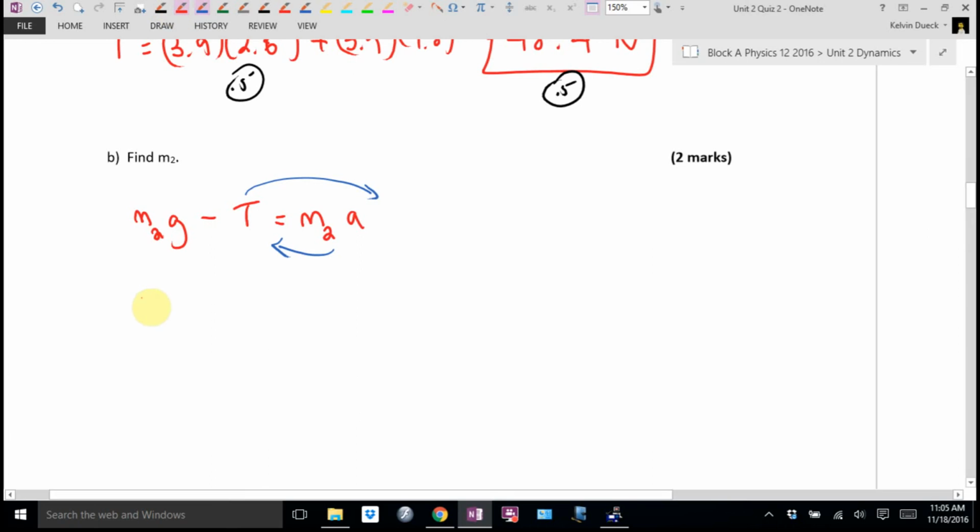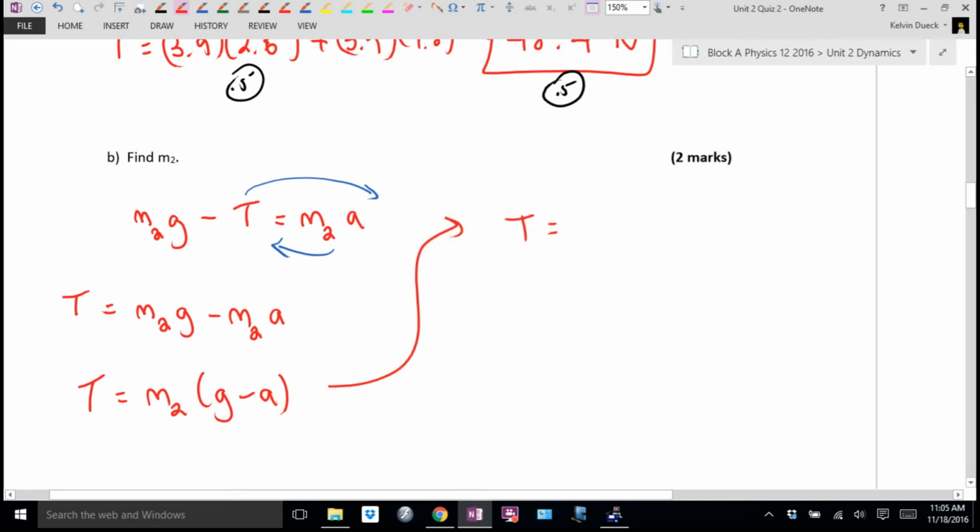And that's going to give me M2G minus M2A. That equals tension. How many M2s do I have? 2. How many would I prefer? 1. It'd be really cool if it was a grade 9 mathematical operation that I could pull out of my back pocket. There is. I can factor out a GCF, a greatest common factor, and I'll get tension equals M2 times G minus A.